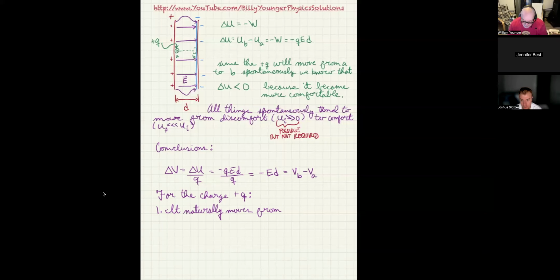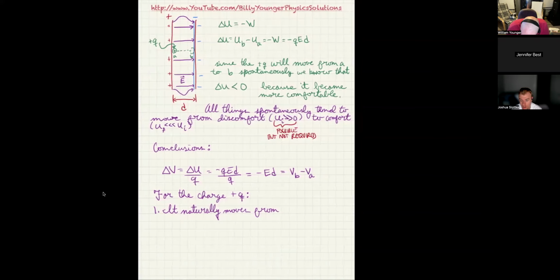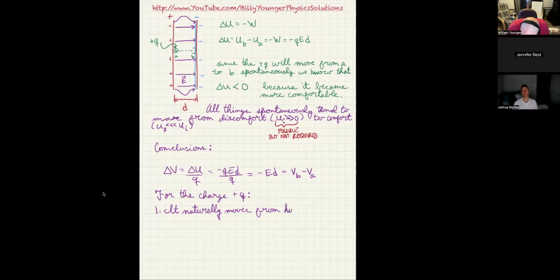So you see it naturally moves from, since we just discovered that delta V is negative, the VB must be lower than the VA. So it moves from high voltage to low voltage. So that's a big thing that we wanted to figure out.